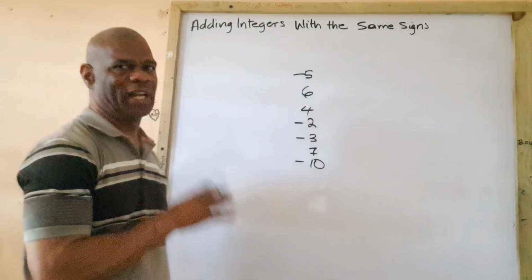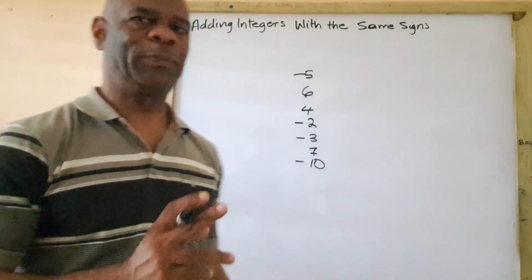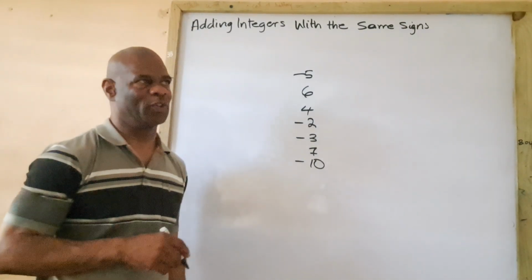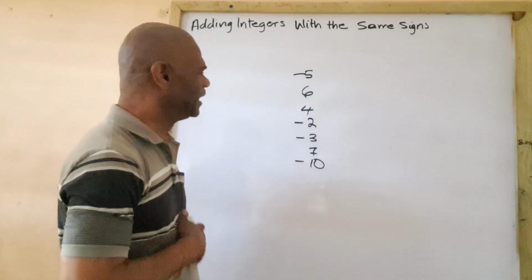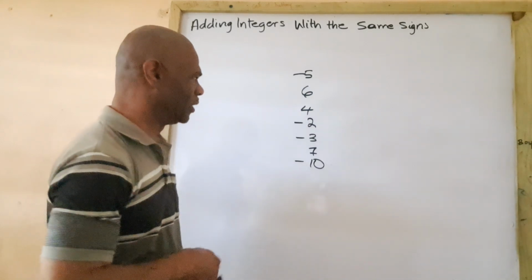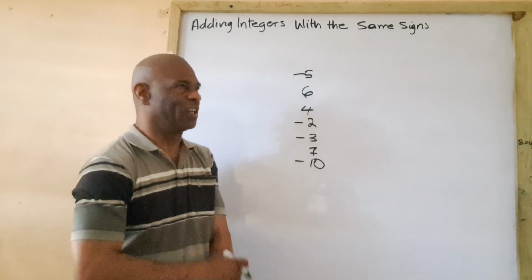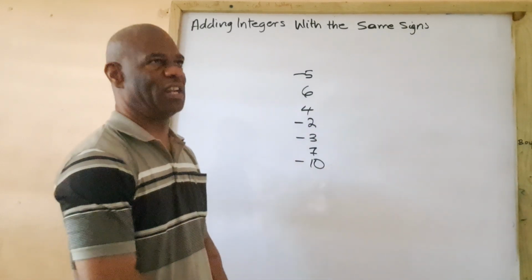Now let's put them in order of size, so we are putting them in ascending order. Ascending order means that we start with the smallest to the largest.